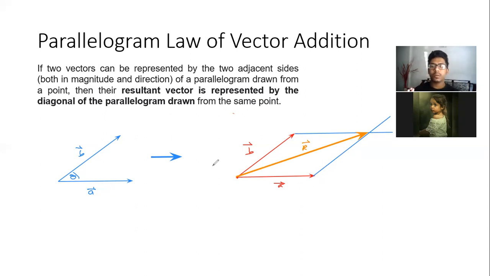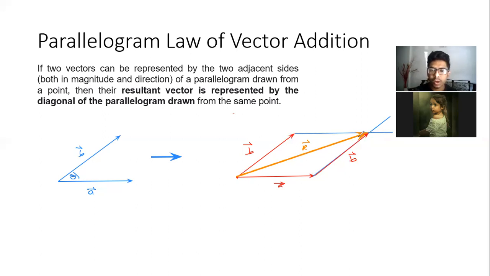Now, the parallelogram law and the triangle law of vector addition give the exact same result, which we can understand from here. This is vector A, and I take the vector B from here. If I consider this triangle, from the triangle law, this is the resultant: I have A vector and after this B vector.